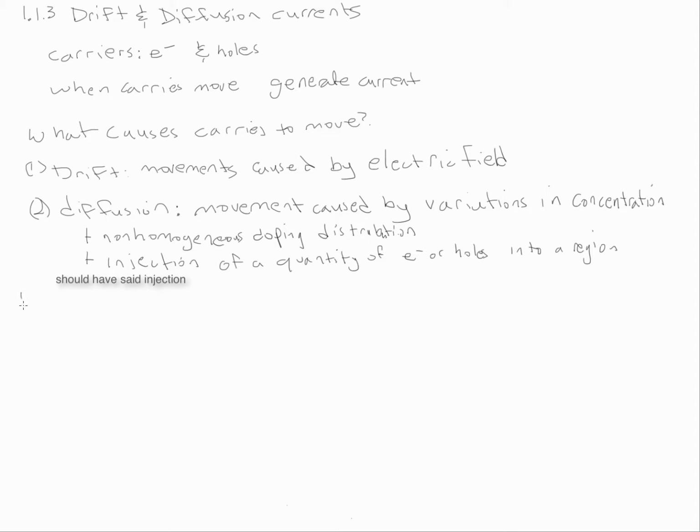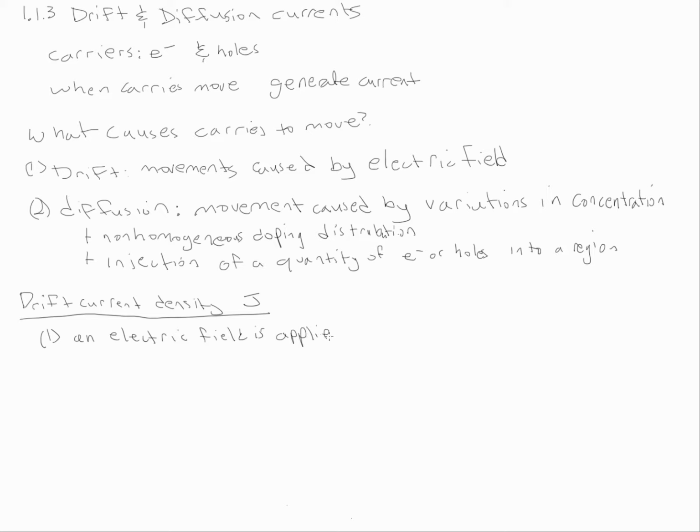And so the first thing is, how do we calculate the drift current density? And all these current densities are represented by the symbol J. And so the process is, first, an electric field is applied to the semiconductor.